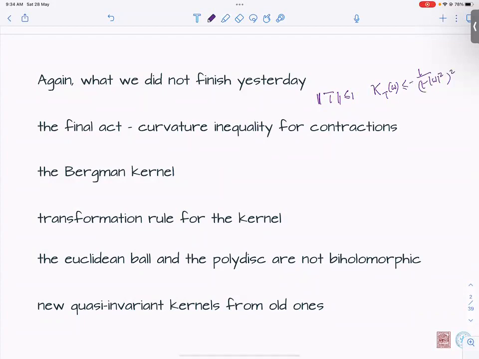This is the curvature inequality, and this, if you like, is the curvature of what I call the backward shift. So in that sense, this backward shift is a universal object. It actually is the upper bound for the curvature of any contraction.